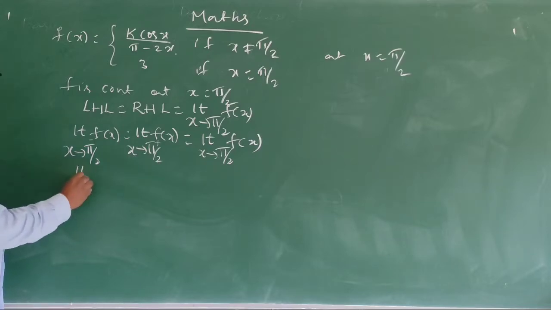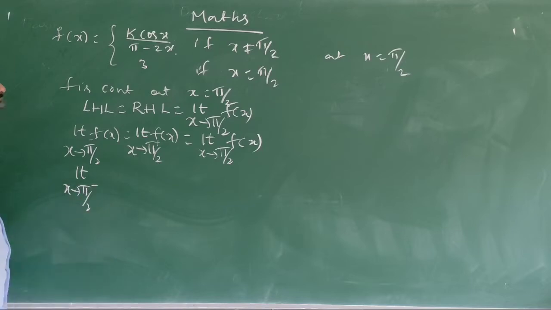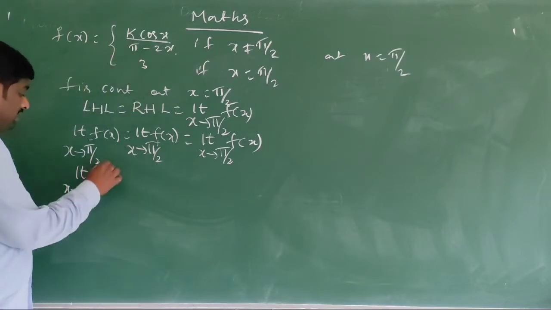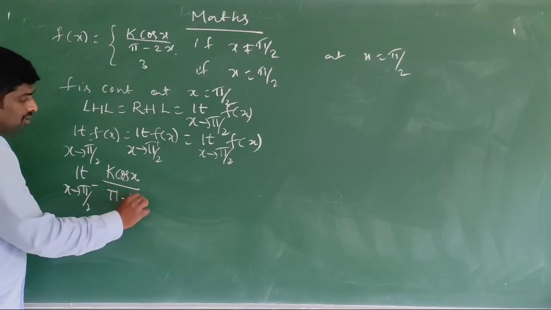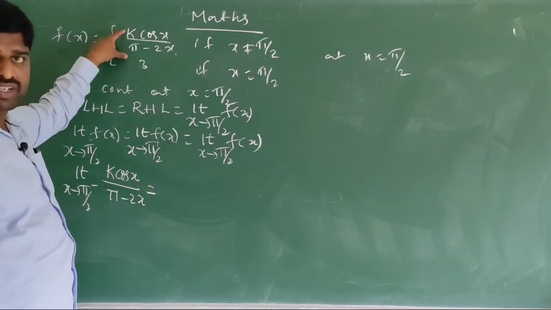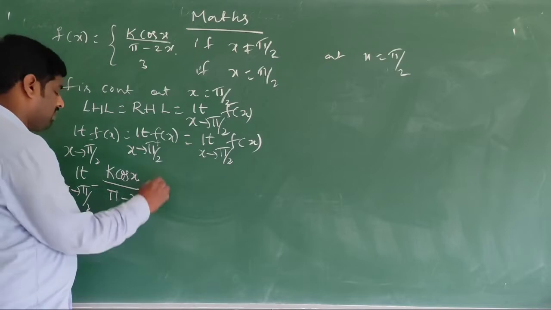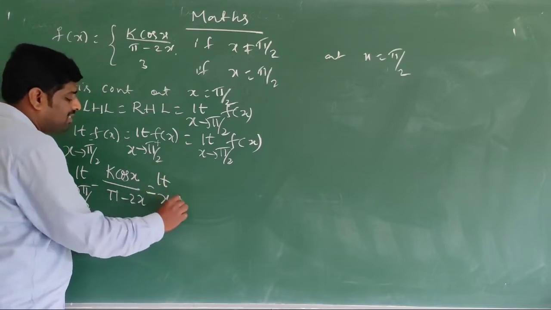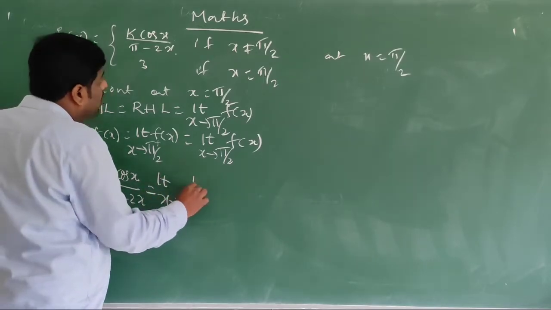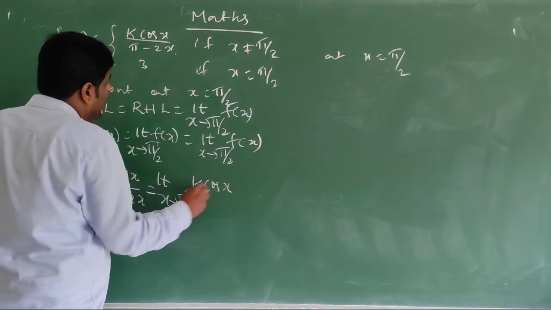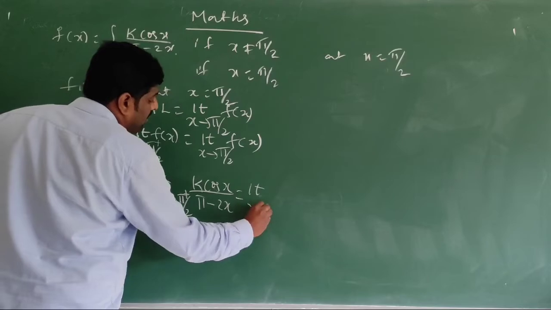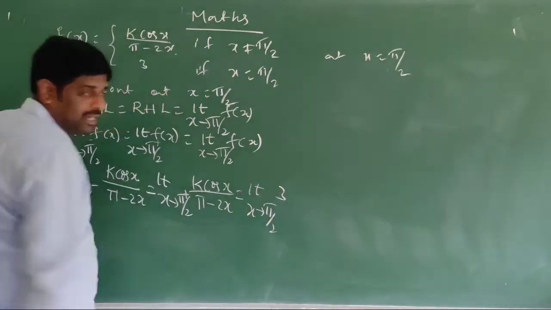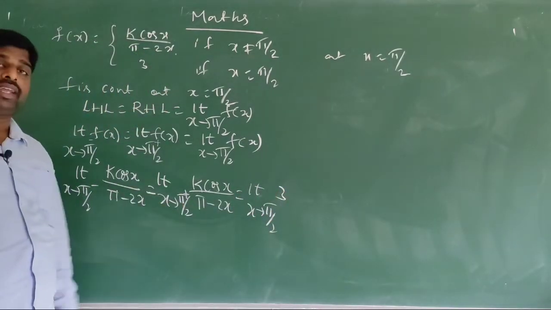What is f of x here? It is k cos x divided by pi minus 2x. So LHL is only this function, RHL is only this function. That is, limit x tends to pi by 2 plus k cos x divided by pi minus 2x equals limit x tends to pi by 2 of 3.